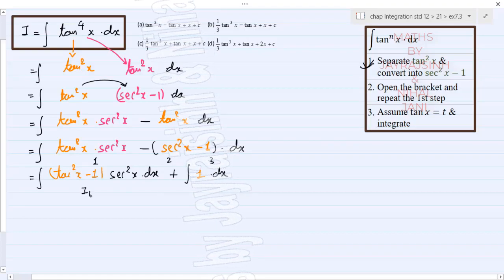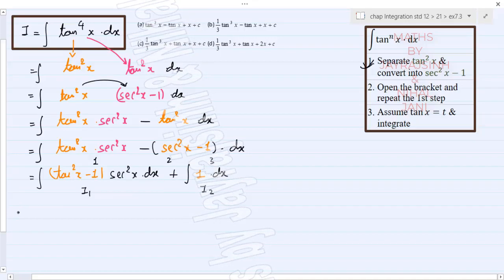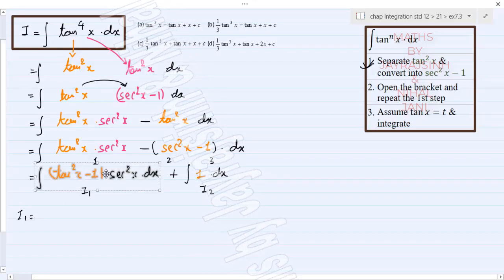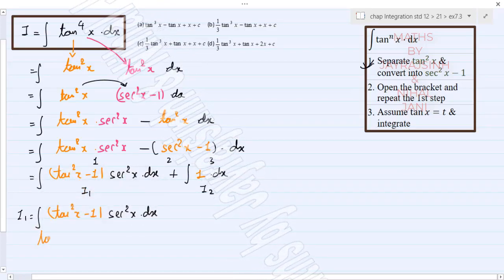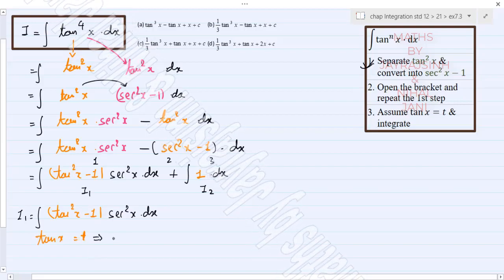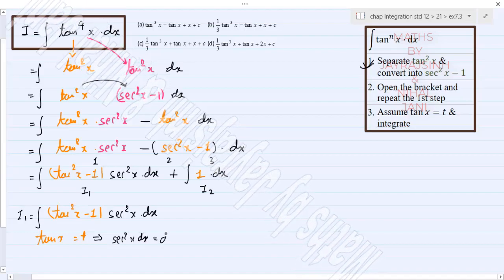So the first integration is called I1 and the second one, let's call it I2. So let's integrate one by one. First of all, let's try to get I1. Now as we planned, let's assume tan x is equal to t. So we'll get sec square x dot dx as dt.